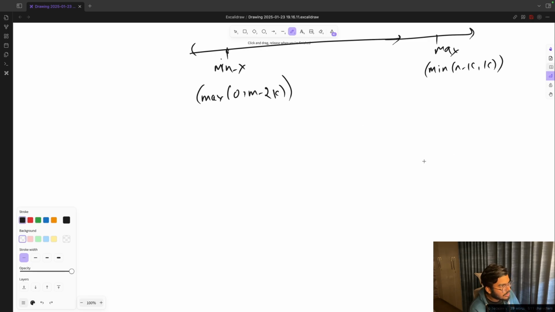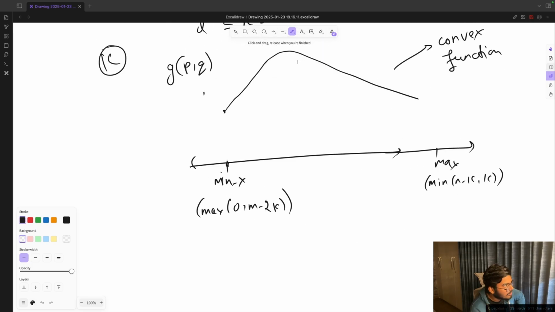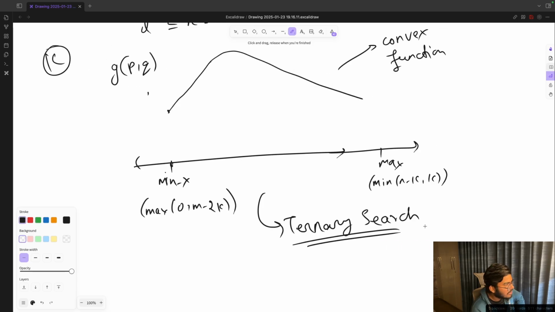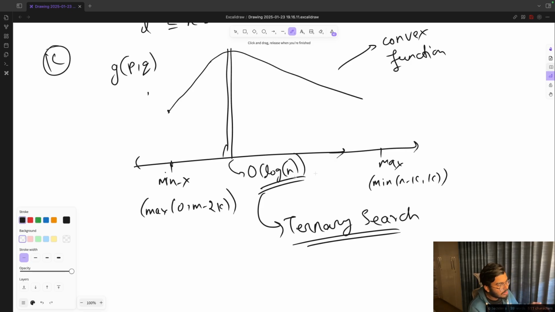So for these kinds of questions, what you need to do is apply ternary search. Using ternary search you should be able to find this point where the maximum value occurs in big O of log n time, so big O of log of this range.